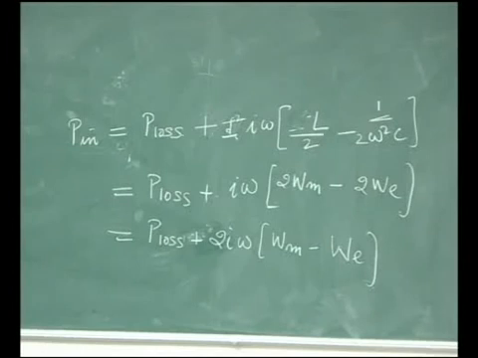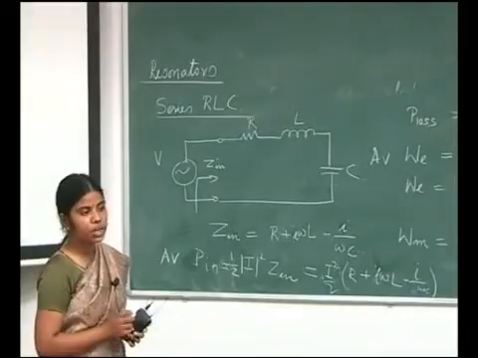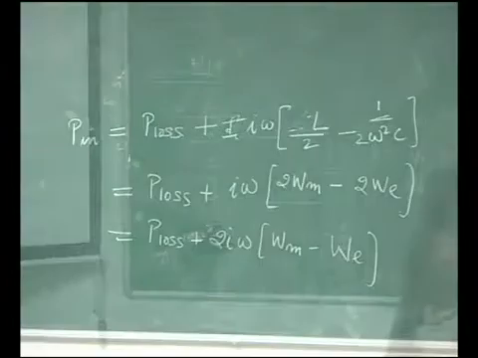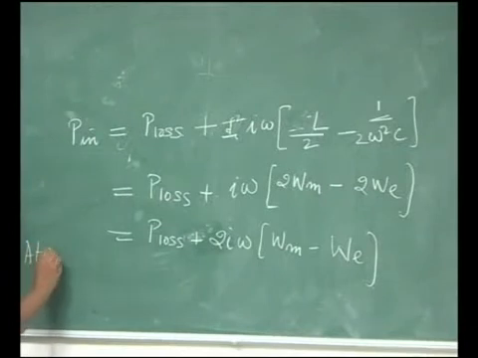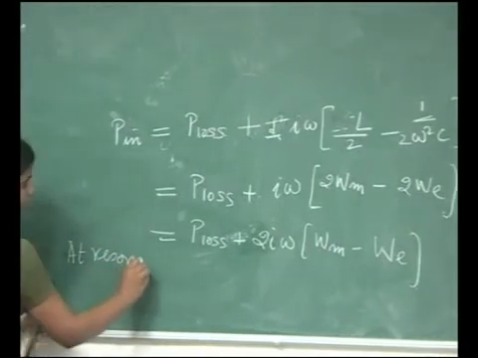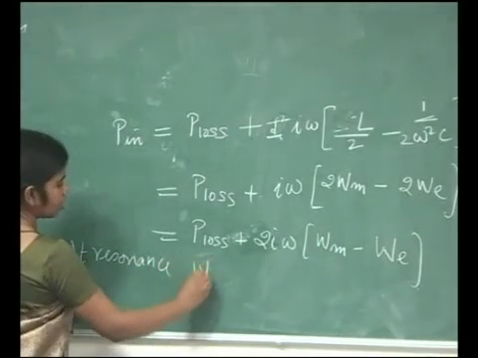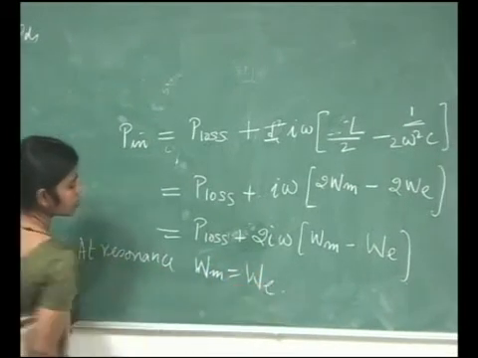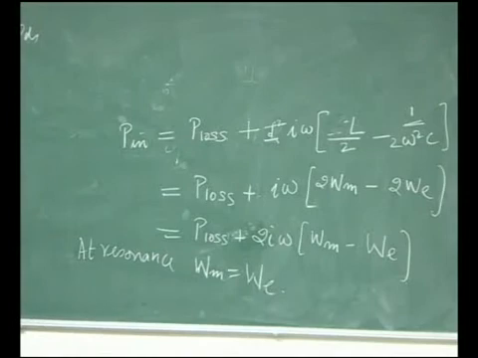Now resonance will occur when your magnetic energy is equal to electrical energy. This is the condition of resonance. Wm should be equal to We. Okay. So at resonance, Wm will be equal to We, right?